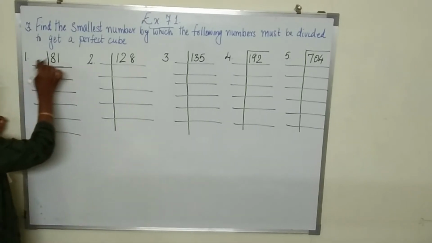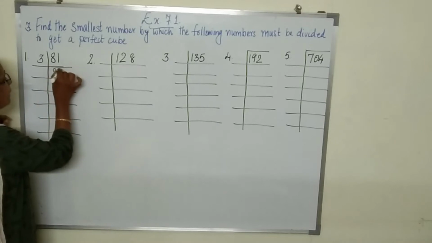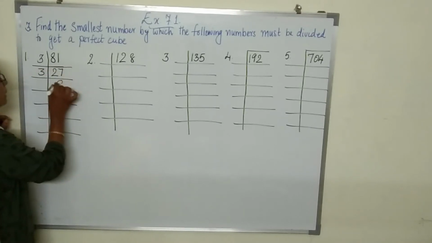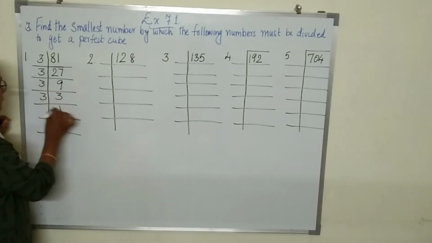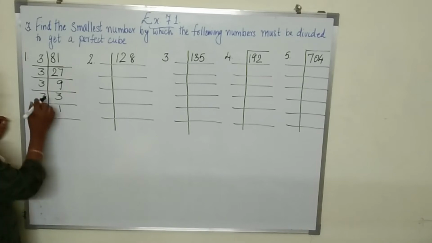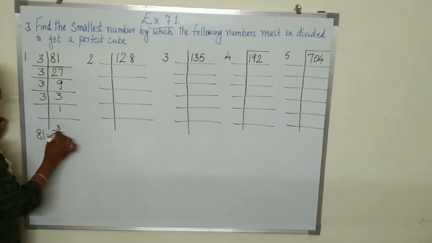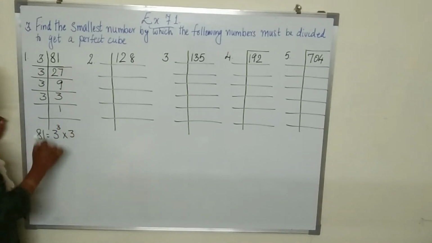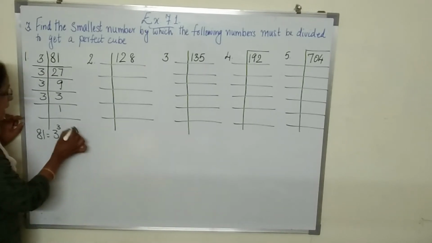So 81 is not divisible by 2. So start with 3: 27, 3, 9, 3, 3, 1. So let us write 81 is equal to 3 cube into 3. Here we have a cube number, and what is extra here?